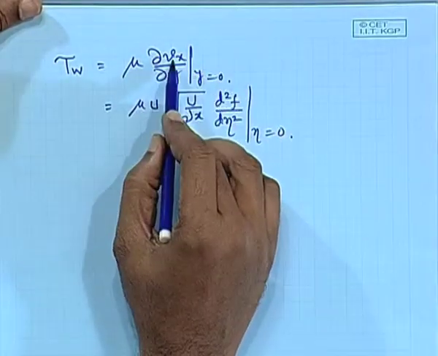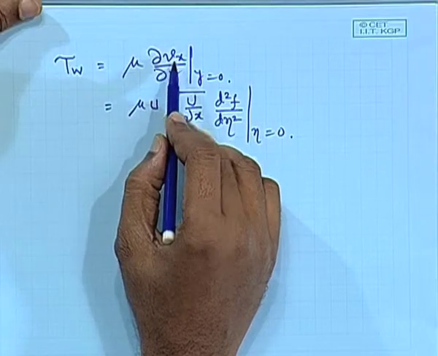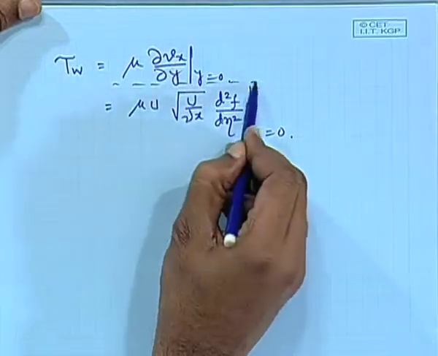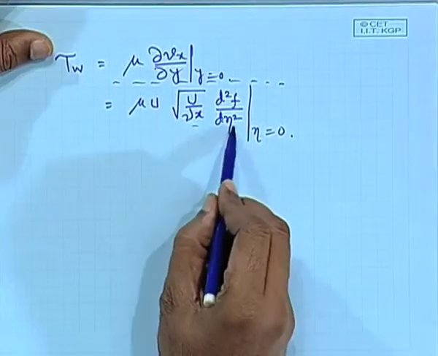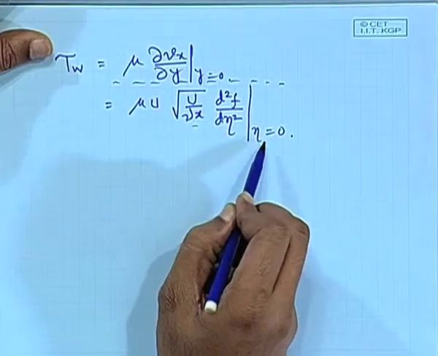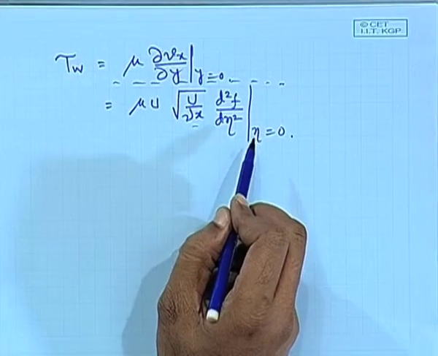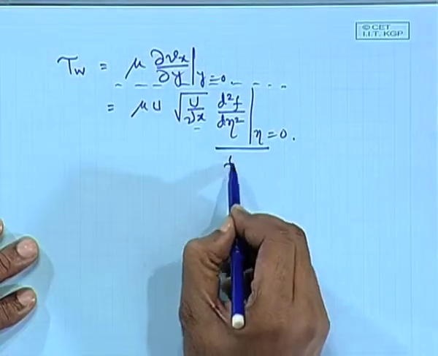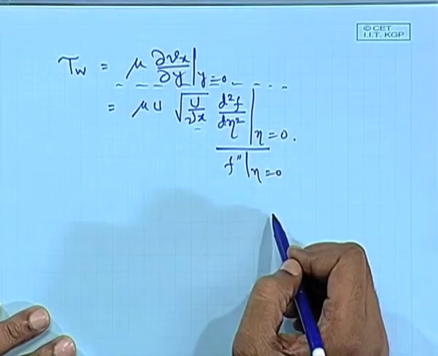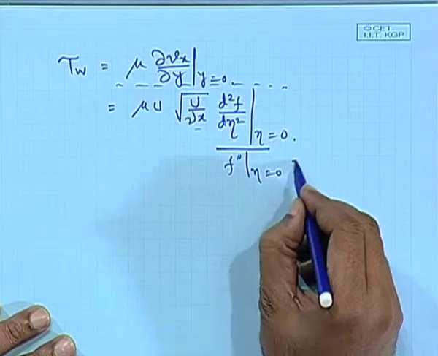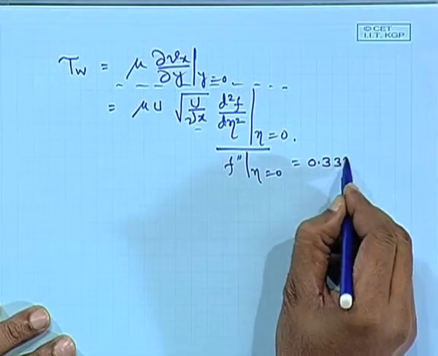I am changing Vx to psi and psi to f. I have skipped a few steps in here which are there in any text. Now, what is the value of d2f by d eta square at eta equals 0? This is nothing but f double prime at eta equals 0. If you look at the numerical value which I have given, it's equal to 0.332.